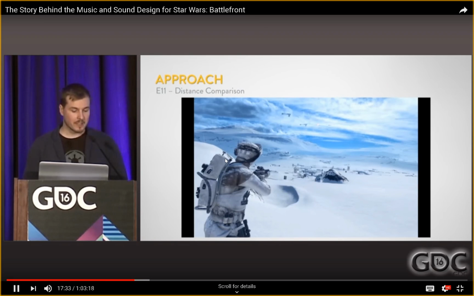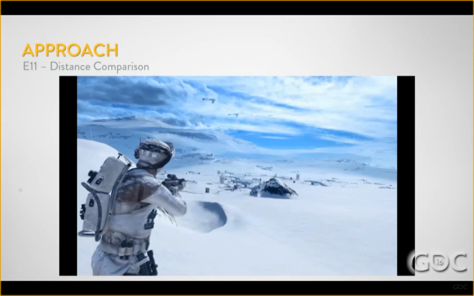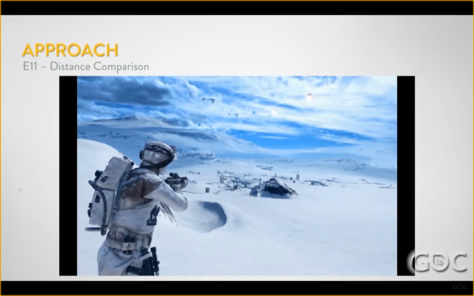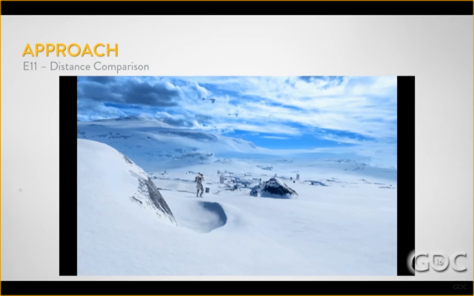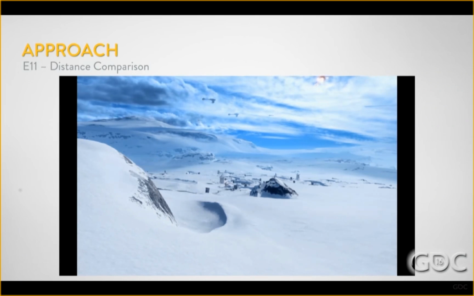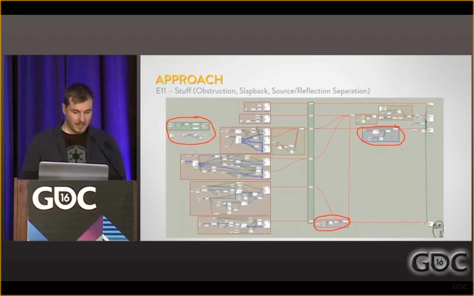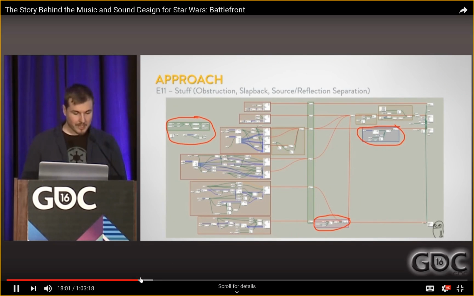Here's a comparison of what the 11 sounds like at different distances. And that's different filtering and different content for each of those distances. There's some further stuff going on.